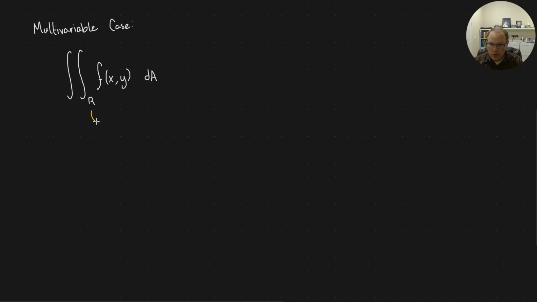This is the region over which we integrate. So R is the region in the xy plane over which f is integrated.